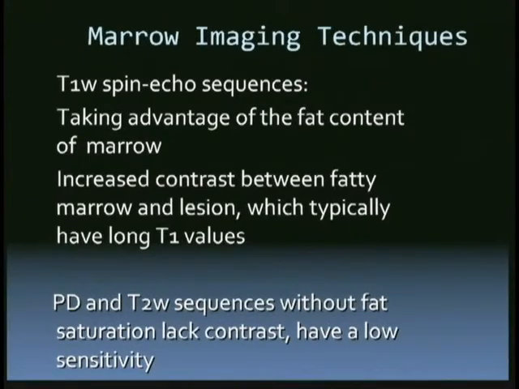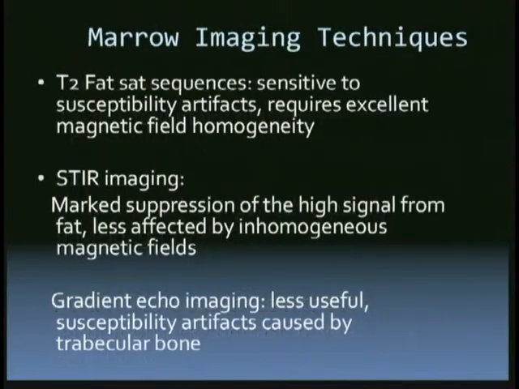You lack contrast and you can easily overlook a lesion. T2 sequences with fat saturation are good to evaluate the marrow. However, we're often faced with the problem of unequal fat saturation. So STIR imaging is good because you get rid of that problem.